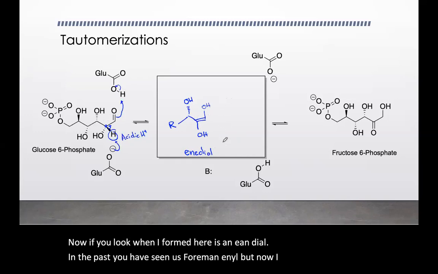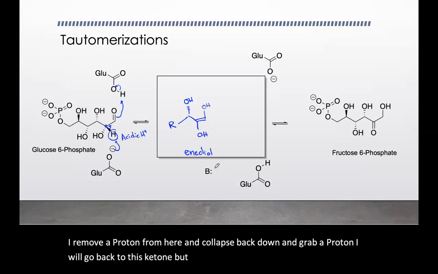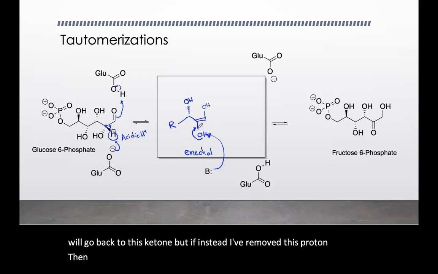So now, if I remove a proton from here and collapse back down and grab a proton, I would go back to this ketone. But if instead I've removed this proton, then this can come down to form the pi bond here, and this will go out and grab a proton.